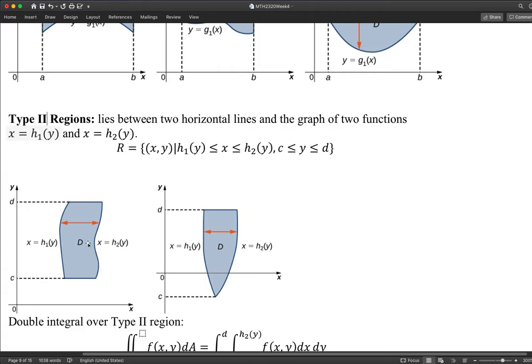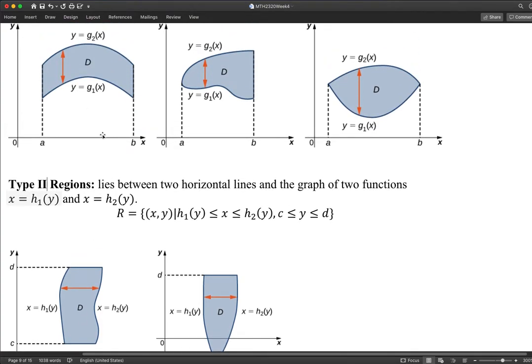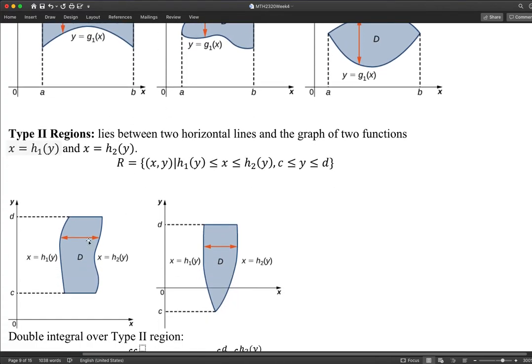Also be very careful with the curves. In the type 1 region, we say y is a function of x. In the type 2 region, we say x is a function of y: x equals h1 of y, x equals h2 of y. The other chart is really about the same situation, a type 2 region.